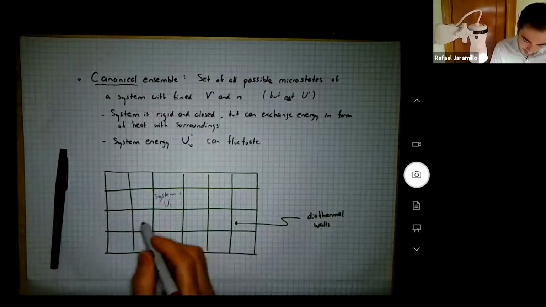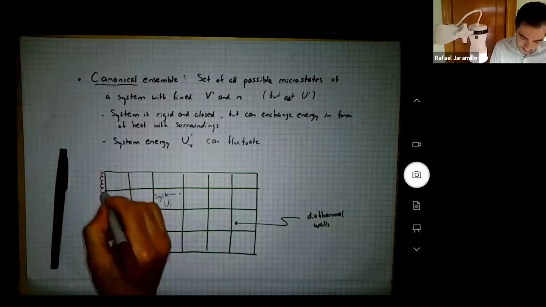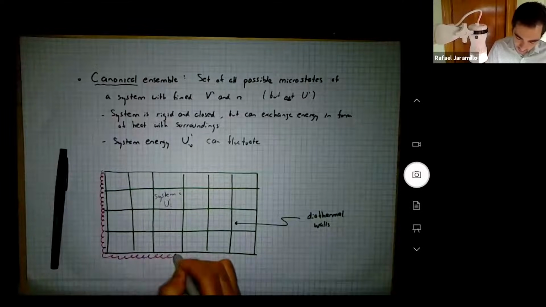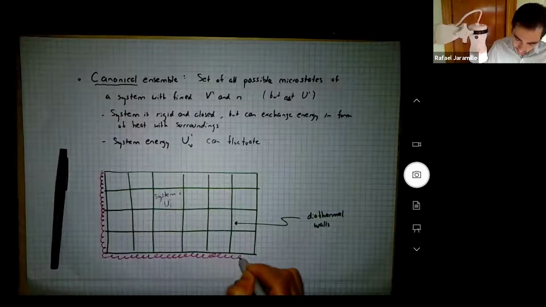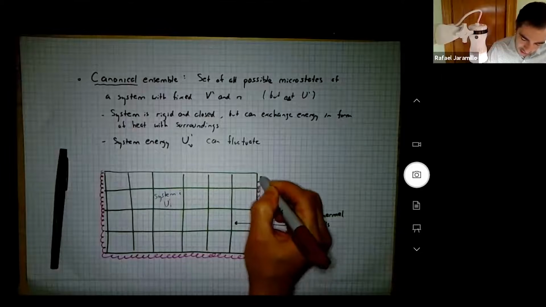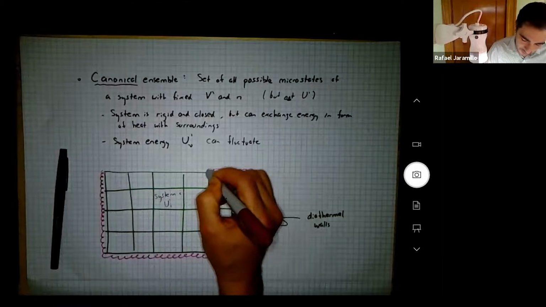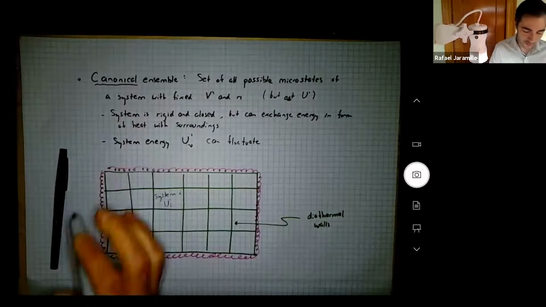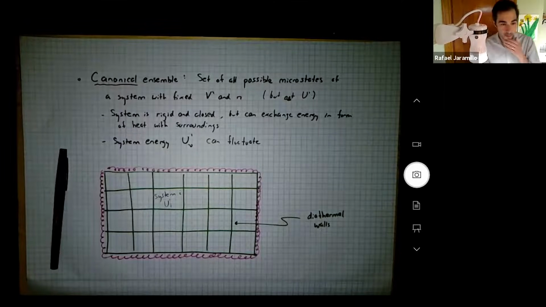But this ensemble as a whole, so I've drawn an ensemble, right? I've drawn a set or a group considered as a whole. I've drawn a bunch of subsystems now that can exchange energy with each other. They each have the same volume. Well, not as I've drawn it, but you can imagine they each have the same volume, each have the same particle number.